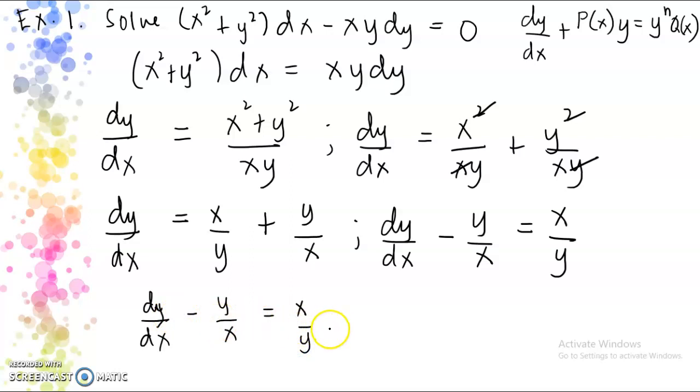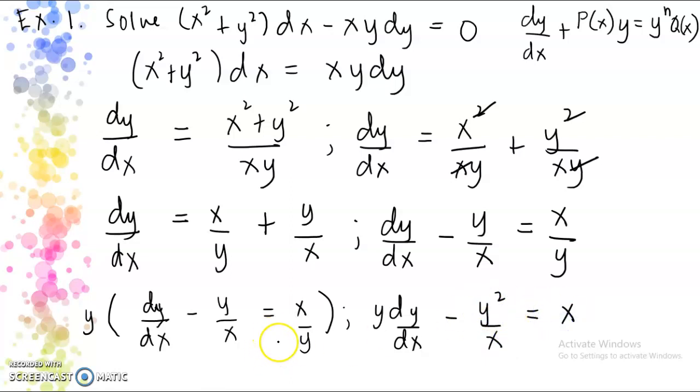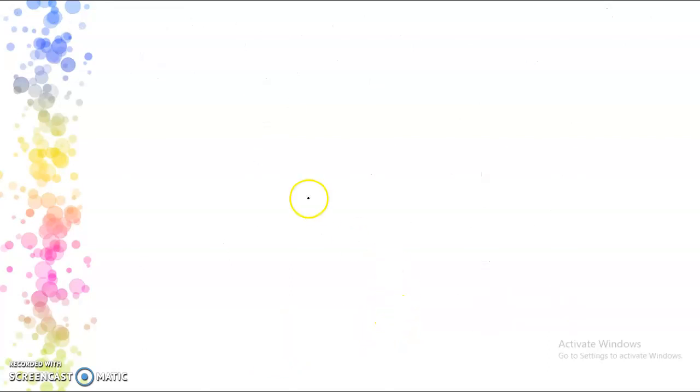Multiplying both sides by y, we get y dy over dx minus y squared over x is equal to x. Let us copy: y dy over dx minus 1 over x y squared equal to x.